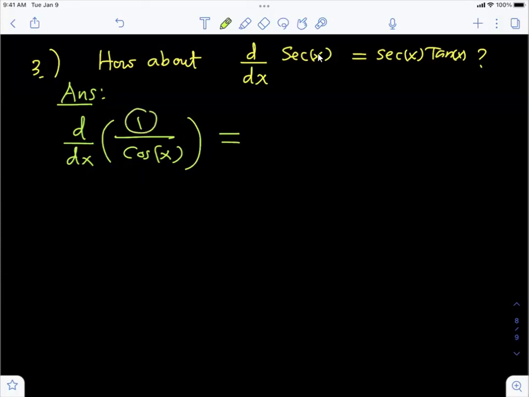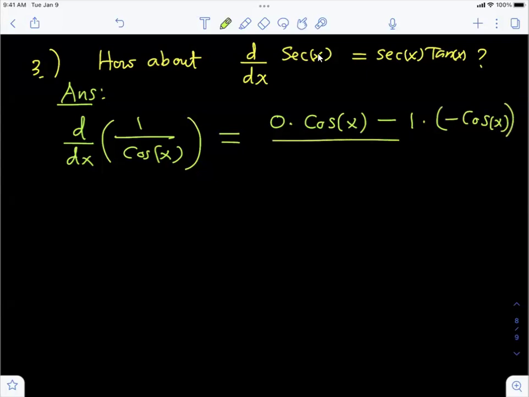If you use the quotient rule with one of the functions being a constant, when you take the derivative of 1, that would be just 0 multiplied by the original bottom function, minus the original top function multiplied by the derivative of the bottom function, minus cosine x. The entire term is divided by the square of the denominator, which is just an algebraic term.